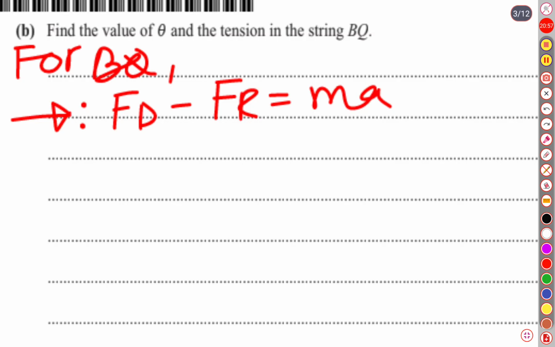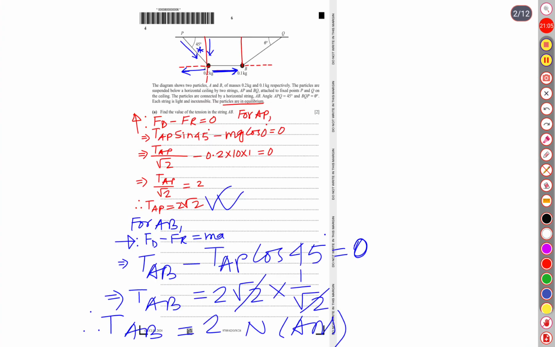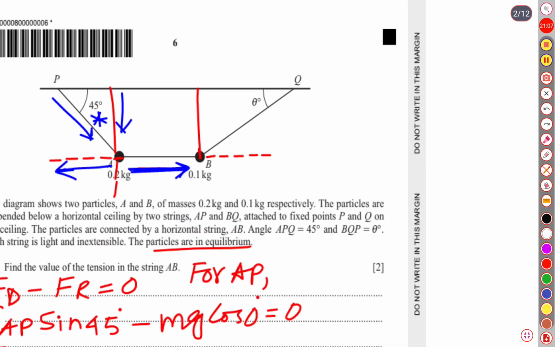Now for the triangle which contains BQ, let us see what the forces are over here. Look, BQ is over here, and we are resolving the forces horizontally. So what is the driving force? The driving force is this, using this string BQ, tension in BQ cos theta.